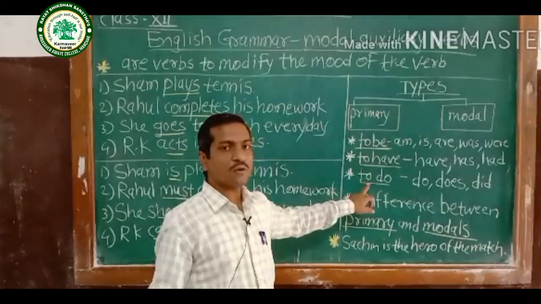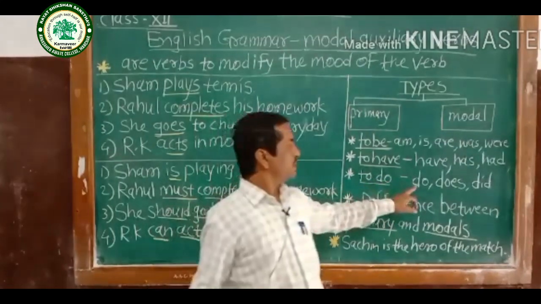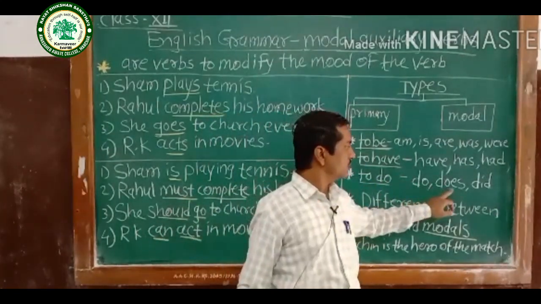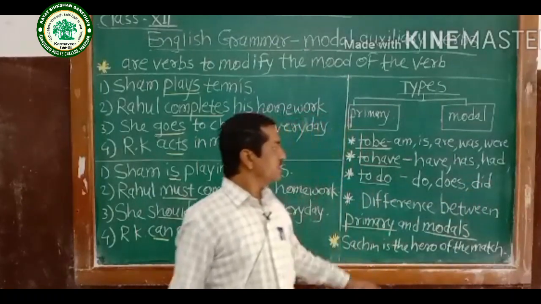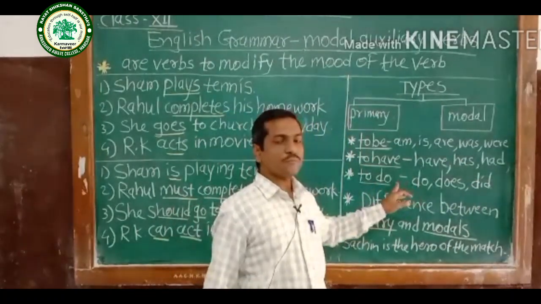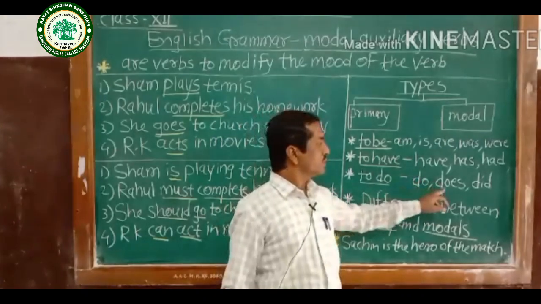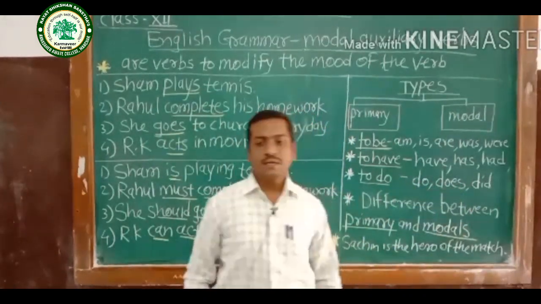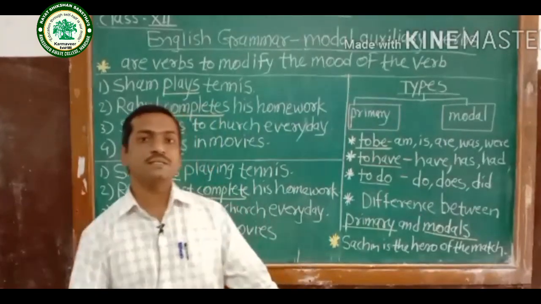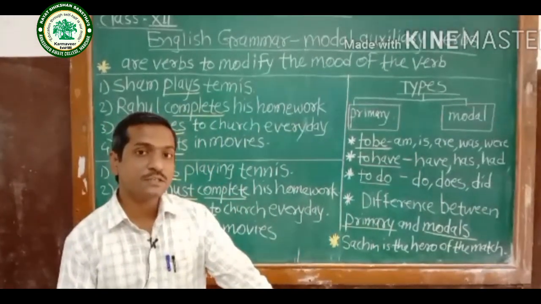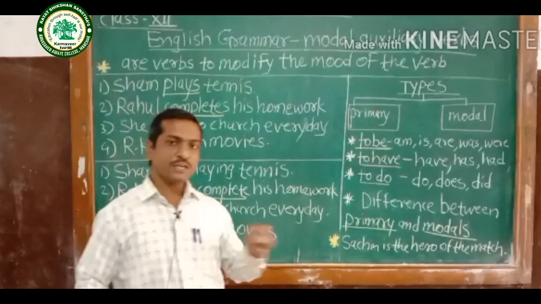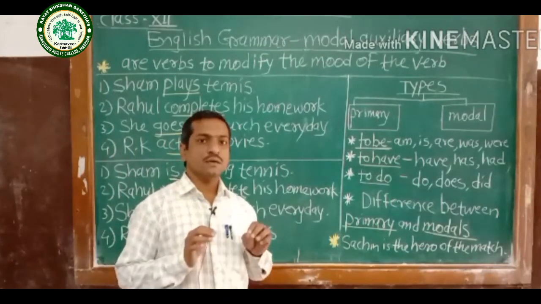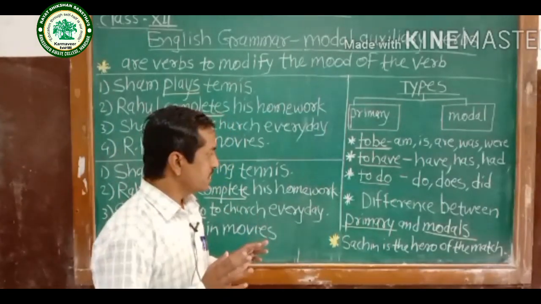Then the to do forms of primary auxiliary verbs are do, does, did. We use do, does, did in simple past tense as well as simple present tense in order to write negative sentences as well as interrogative sentences.